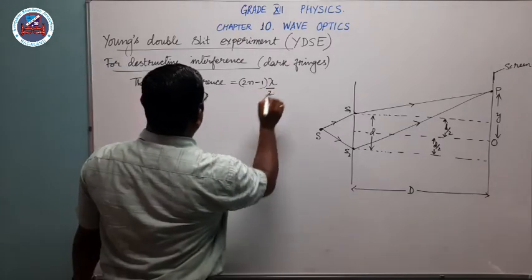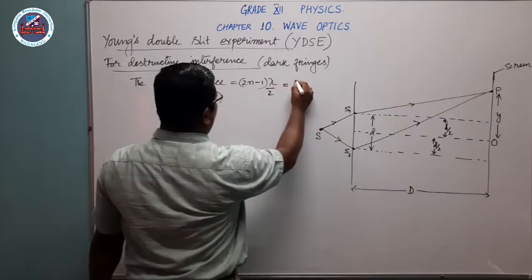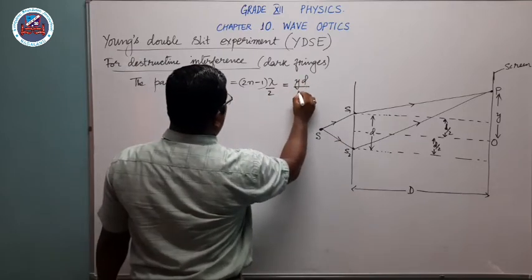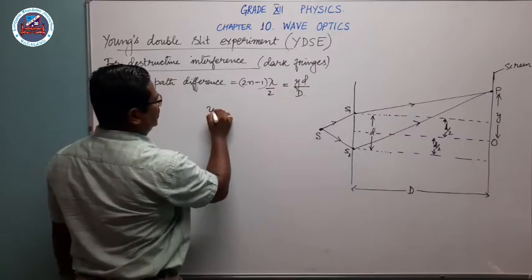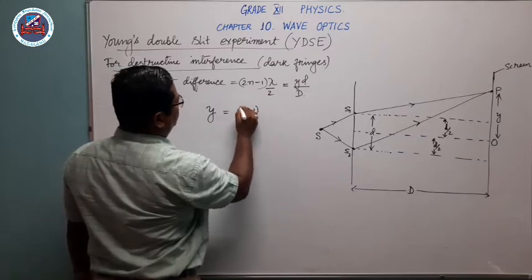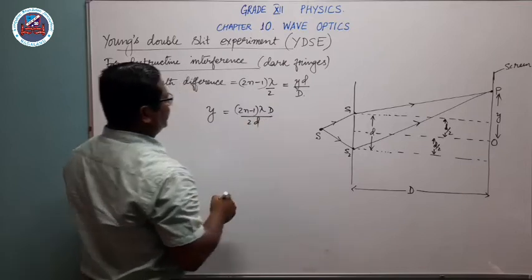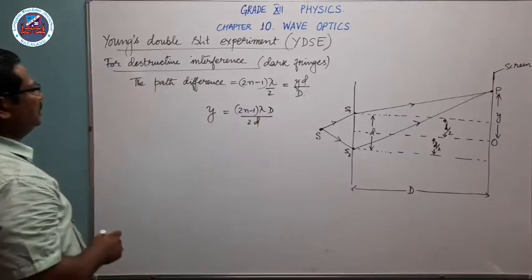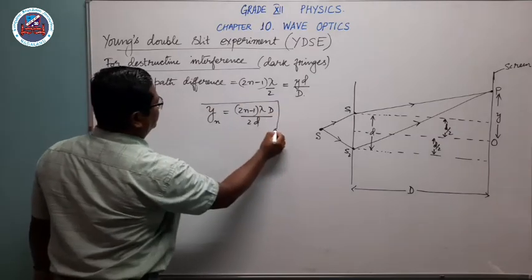Then in our experiment we found the path difference to be yd by D. So here you get the general form: y is equal to 2n minus 1 times lambda D divided by 2d. Like this you will get it. Now in general form we write this as yn.